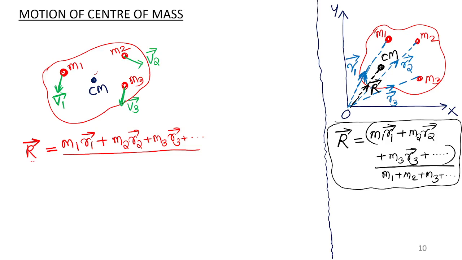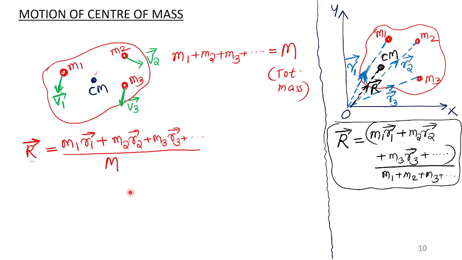Let me denote M1 plus M2 plus M3 by a capital letter M. I will write here: m1 plus m2 plus m3 plus etc. is the total mass of the system, denoted by capital letter M. A little bit of mathematics is required.